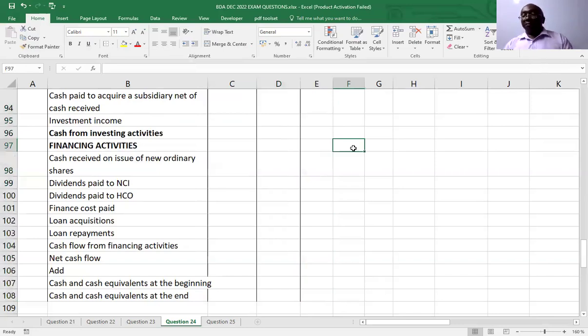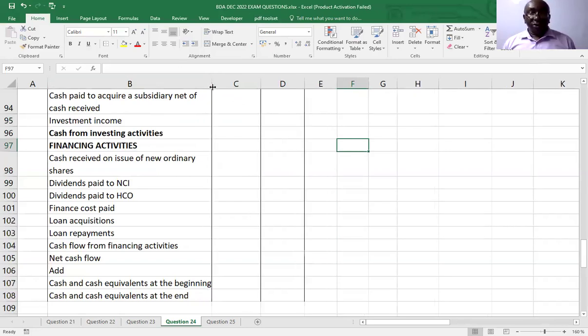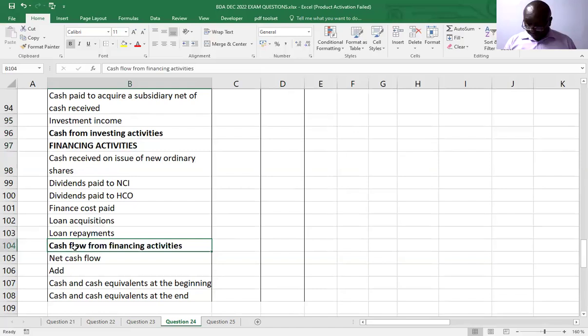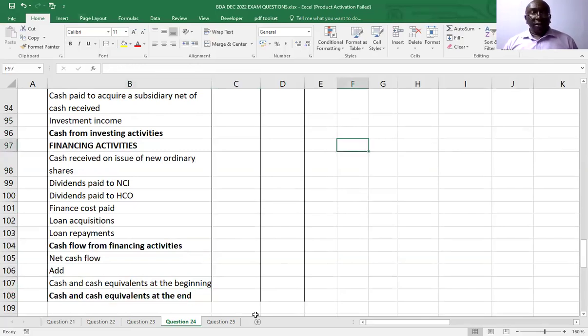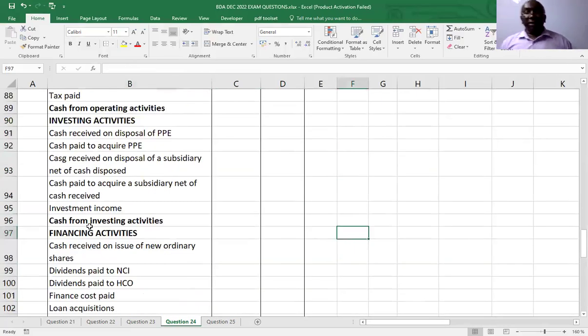We may not have all the items in our question, but I thought it wise, since it may be a while for some of us since we did cash flow, that we just have that refresher.